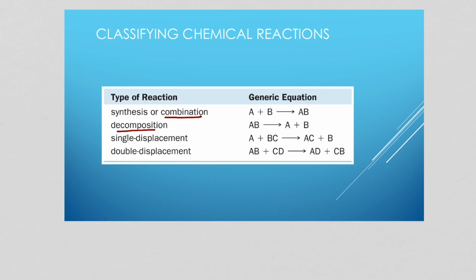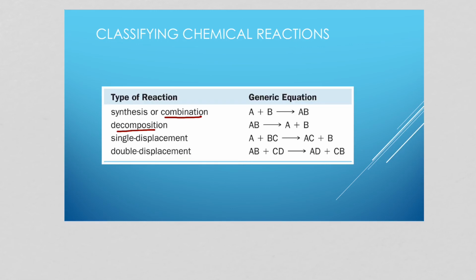We have single displacements. We saw this with the 3rd type of redox reaction, where we had zinc metal reacting with the copper chloride, where we have an element reacting with a compound where the element replaces one of the elements in the compound. So in this case, A is replacing B. In the example that we had, the zinc replaced the copper.